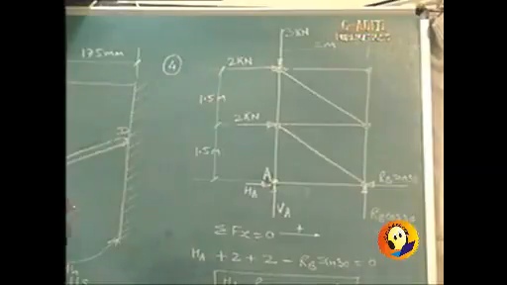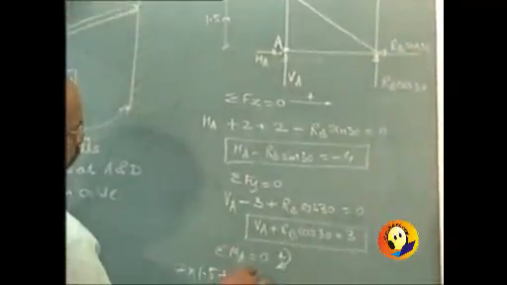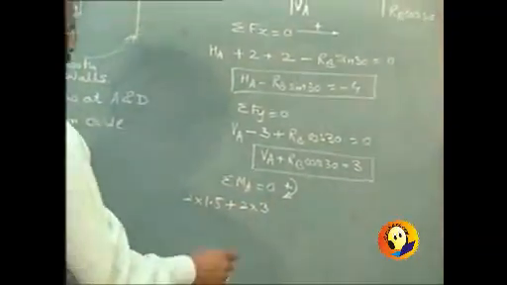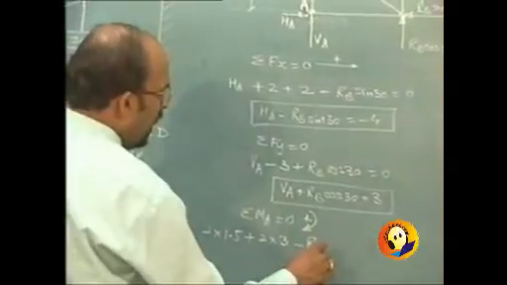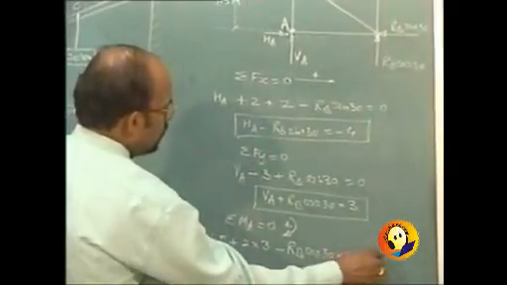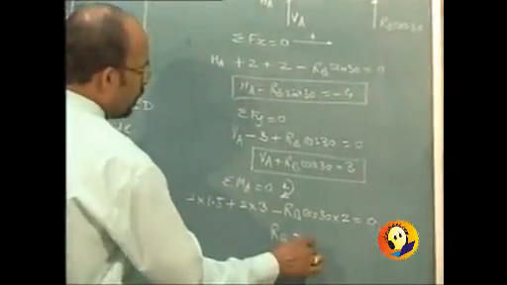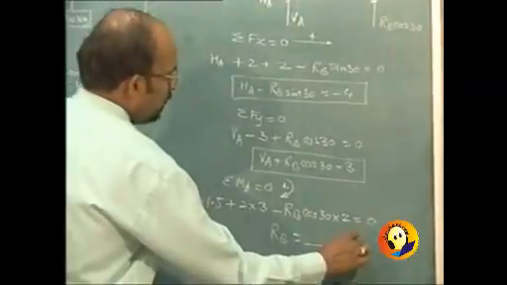So we write the equation as 2 into 1.5 plus 2 into 3 minus RB cos 30 into 2 is equal to 0, from which you can find out RB in kilonewtons this time.